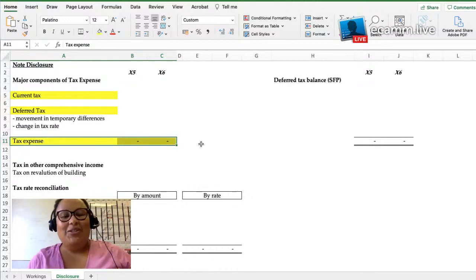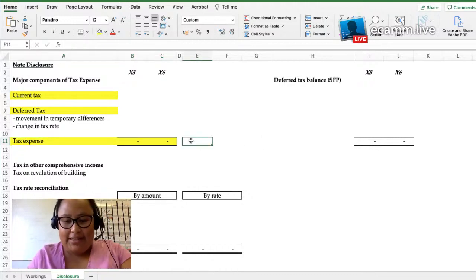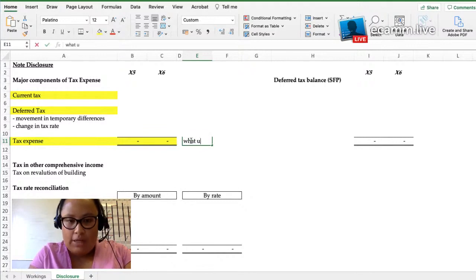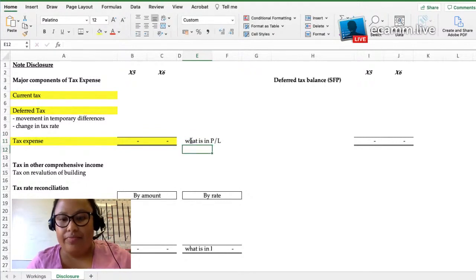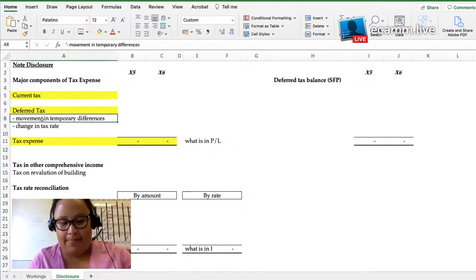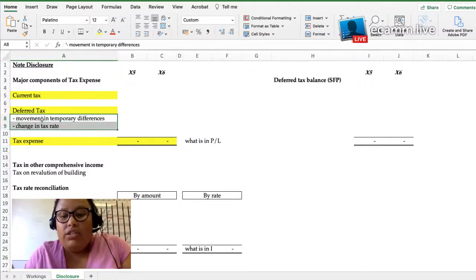This tax expense over here is what is in profit or loss. What is in profit or loss? Current tax plus deferred tax. But what can we see here? Under deferred tax, I'm separating out what actually made up my deferred tax movement.